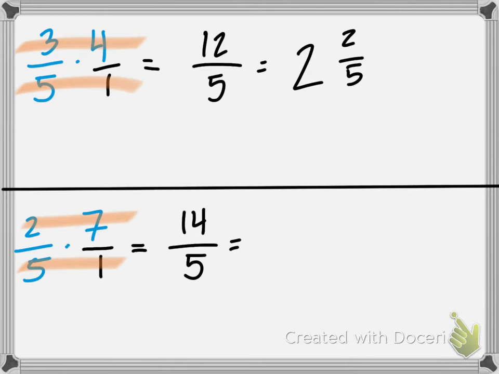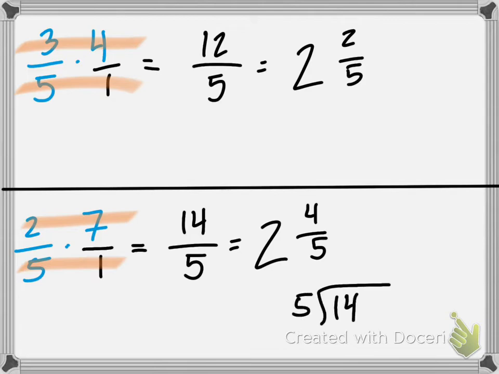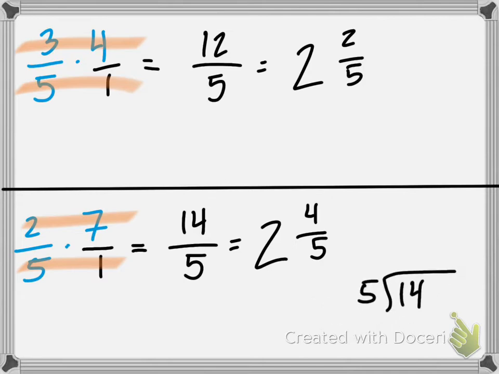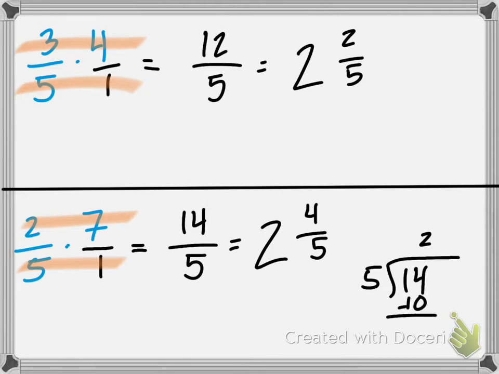So 5 goes into 14 2 times. So you add 2 and you use the remainder of 4 and place it above the 5. Yeah, so we use that remainder. He was talking about the long division method. We have 14 and 5. So we want to see how many times it goes in. It goes in 2 times. That's 10. We subtract and we have 4 left over. This became 2 and 4. And then our denominator always stays the same.